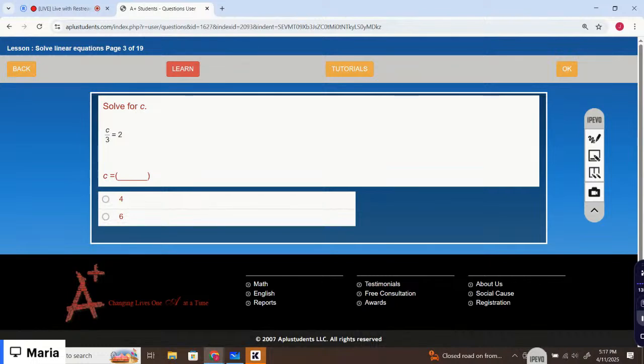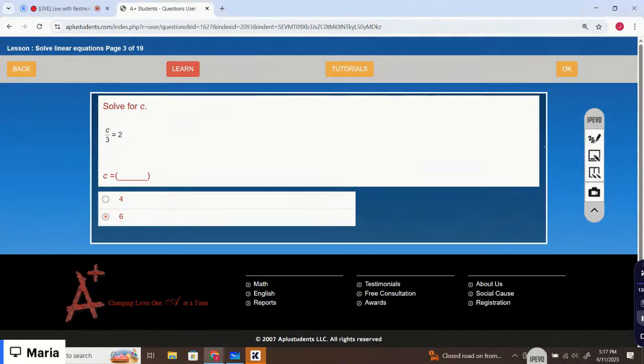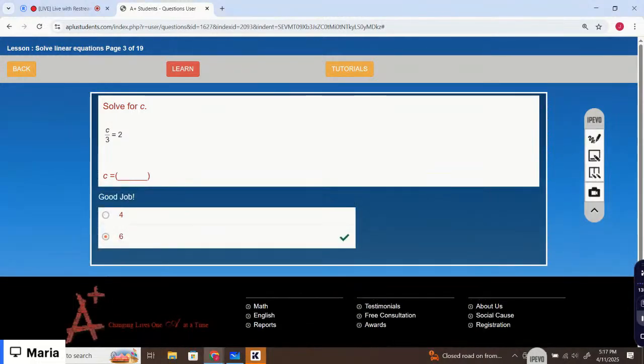Solve for C. C divided by 3 equals 2. That is C equals 2 times 3, 6. Option number 2 is the correct option.